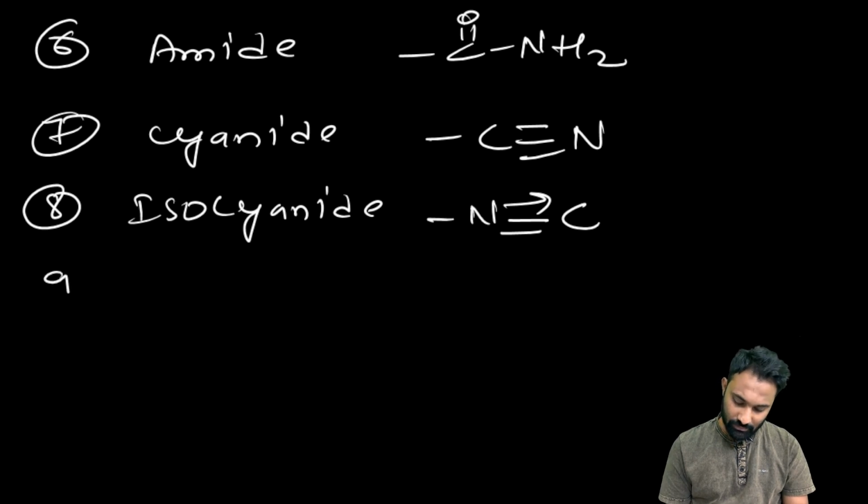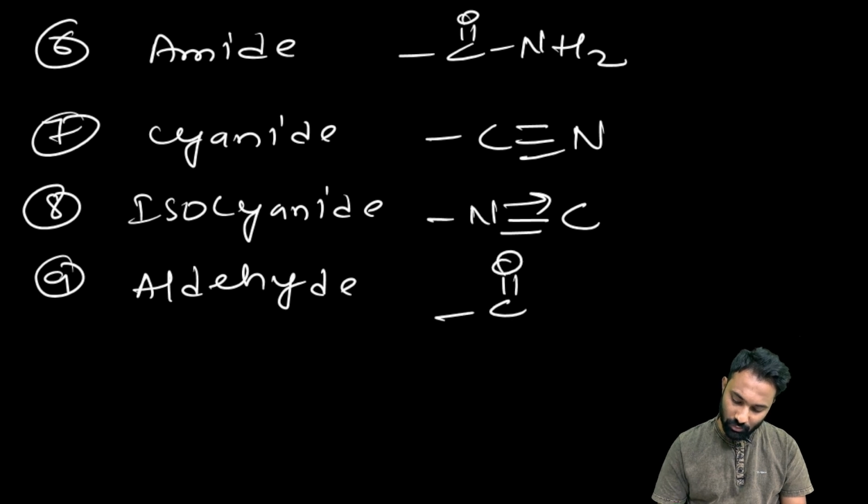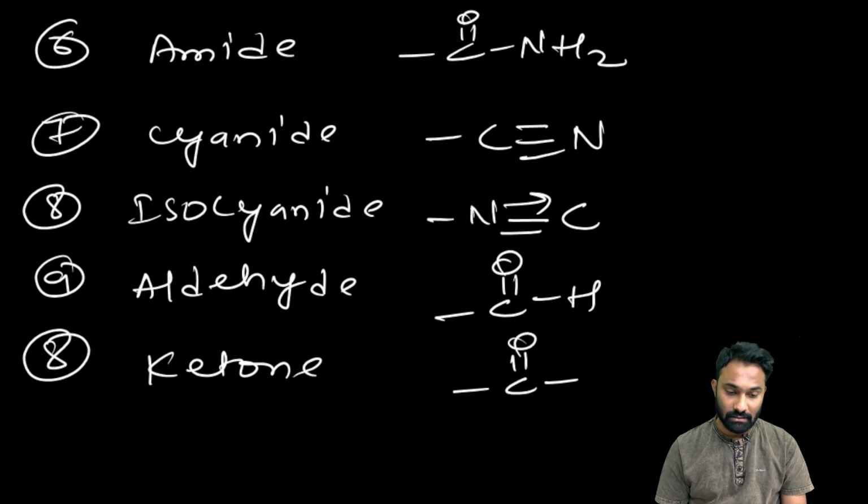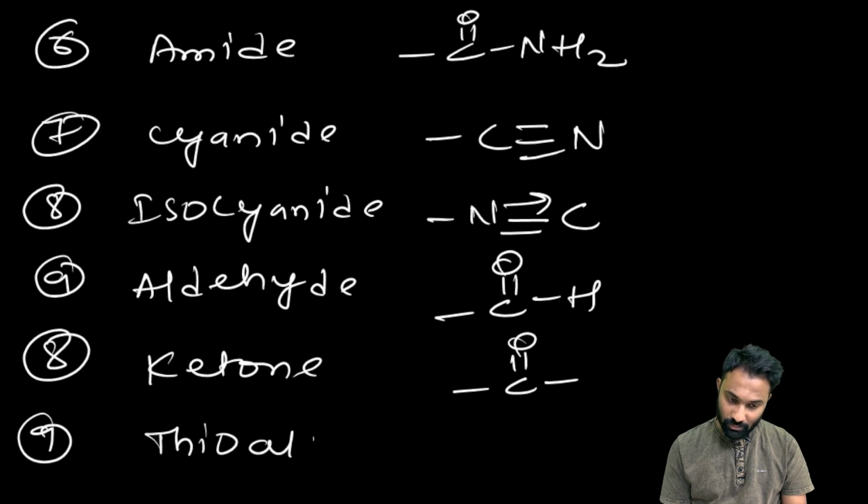Next, the ninth one, we have the aldehyde. The aldehyde functional group will be C double bond O H. Next, the eighth one, we have the ketone. The ketone functional group will be C double bond O. Clear? Now the ninth one, we have the thio alcohol, that is SH.